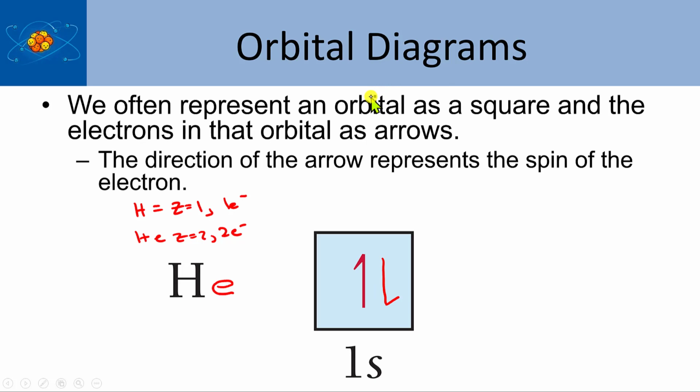What ends up happening in lithium's case is I have 1s, and then the next lowest energy level orbital is the 2s. And so I can put an electron in here. Because remember, lithium is Z equals 3.